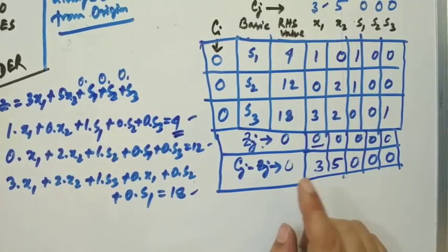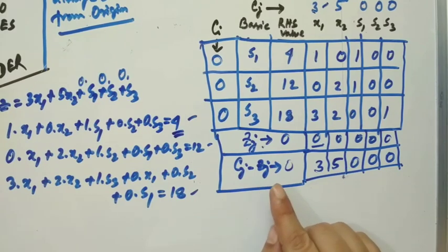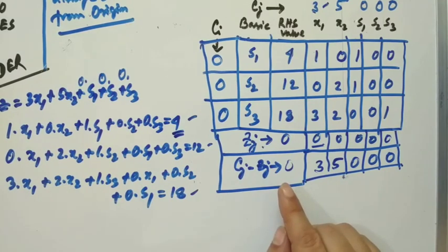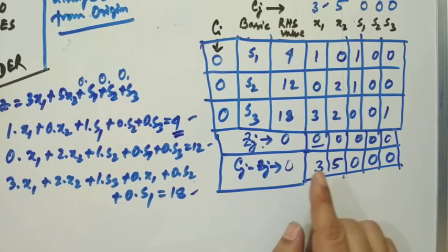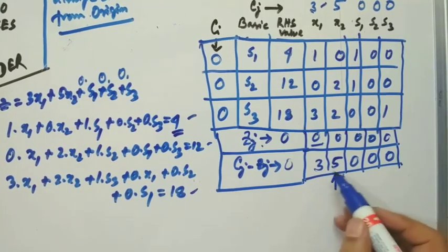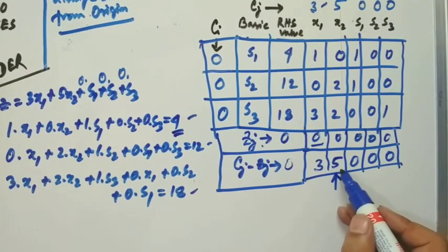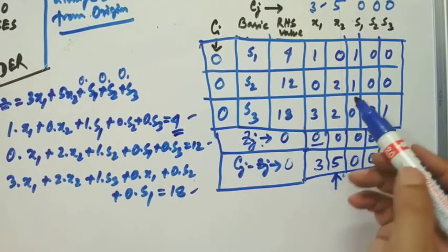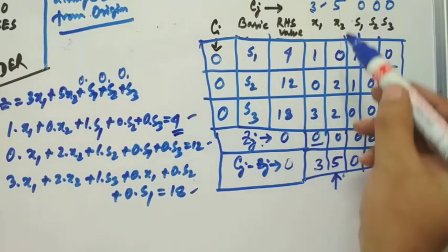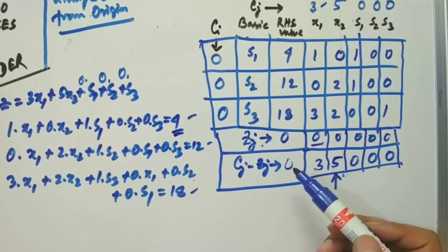Look, this Cj minus Zj value will tell you the optimal solution. Okay. Here the Cj minus Zj value is maximum in x2. Look, x2. So we will try to enter this particular x2 into the solution. Okay. This x2 variable we have to enter into the solution.